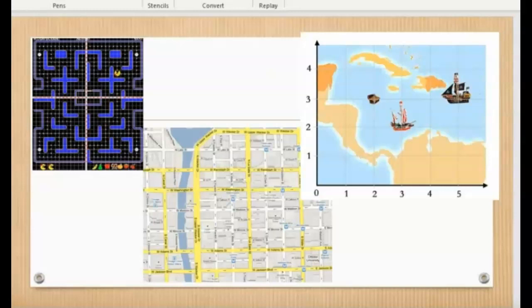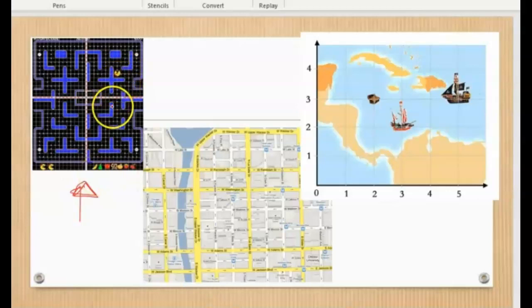That's it, you guys. Here are some examples of grids and transformations in real life. Please tell me you know what Pac-Man is. Please, please, please. This is Pac-Man. I'm sure you do. A lot of you like video games. I used to play Pac-Man in the old school arcades. So much fun.